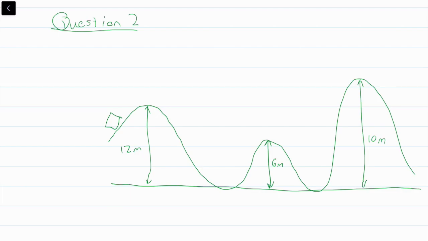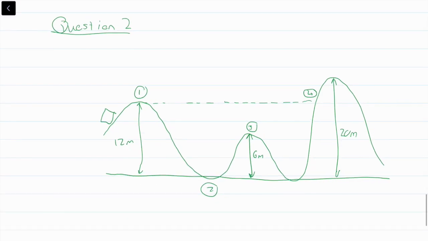Okay, and we can say this is point 1, this is point 2, this is point 3, and this, which is in line with point 1, is point 4. Okay, so point 1 and 4 are on the equal height. That can't be 10, let's say that is 20 meters.